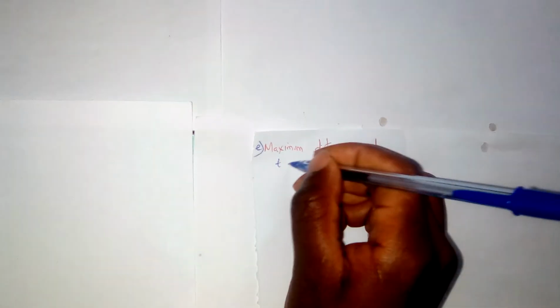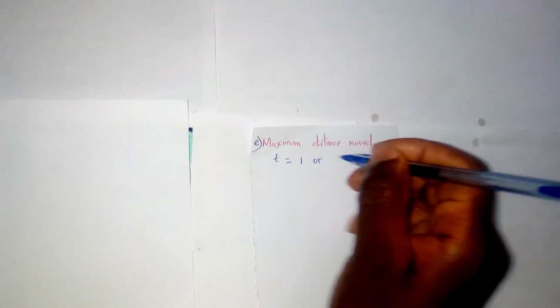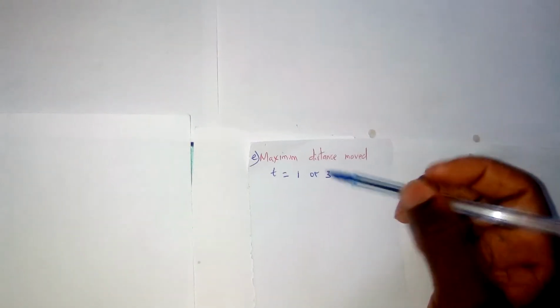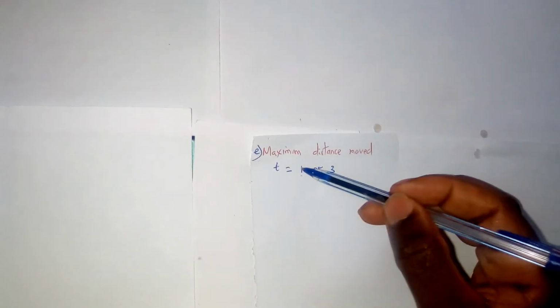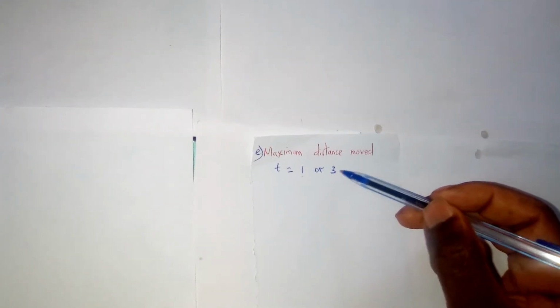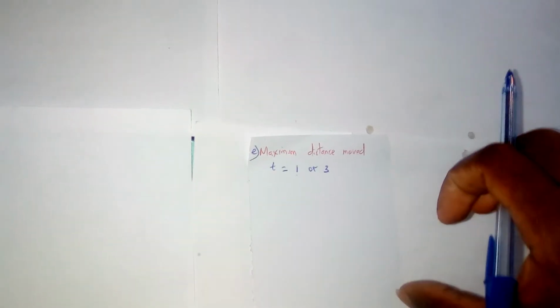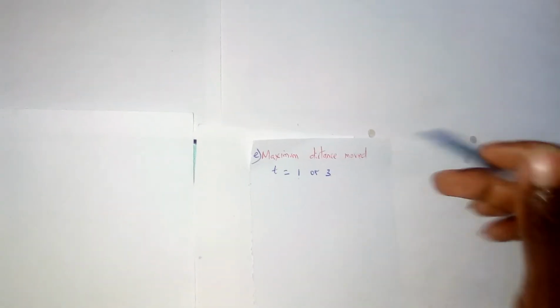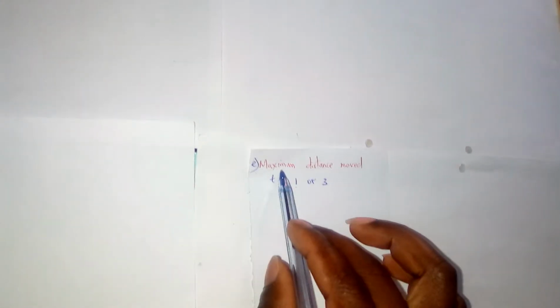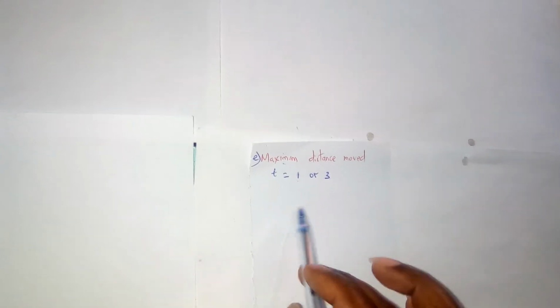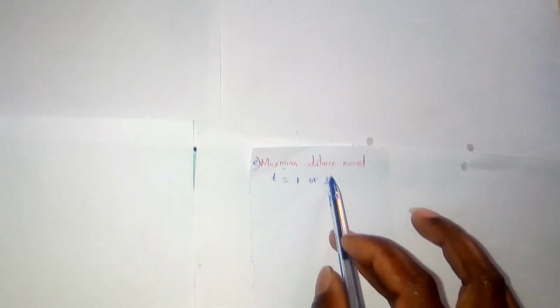We've gotten the time as t is equal to 1 or 3. So I'll use the 1 second and 3 seconds so that I can compare the distance between the two. I'll not only take the maximum distance. If it is at 1, I'll take that one; if it is at 3, I'll concentrate on that.